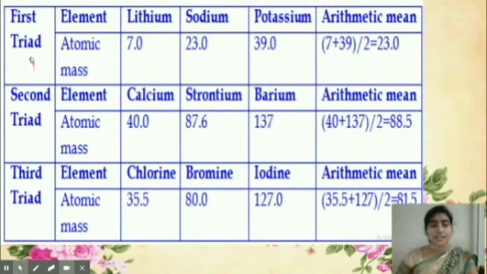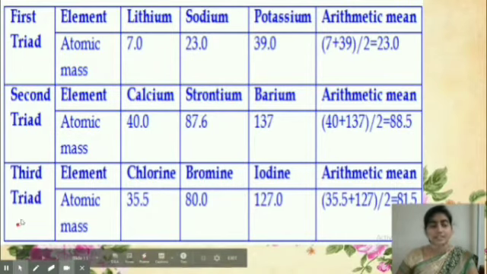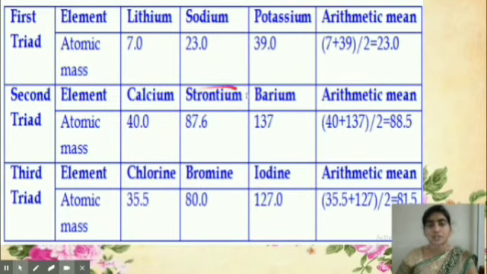Students, look at this table. Here it has given the first triad, second triad and third triad. The first group had lithium, sodium and potassium. Lithium has atomic mass of 7, sodium has atomic mass of 23 and potassium has atomic mass of 39.